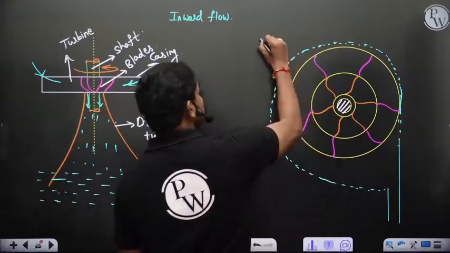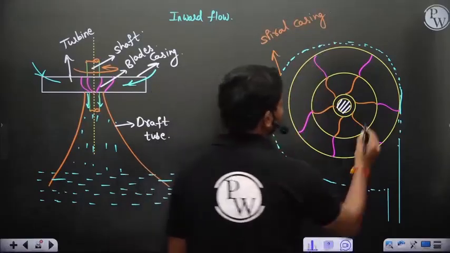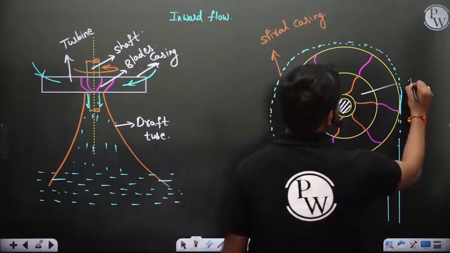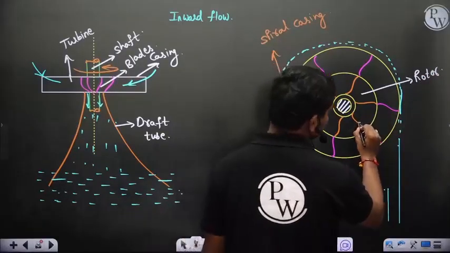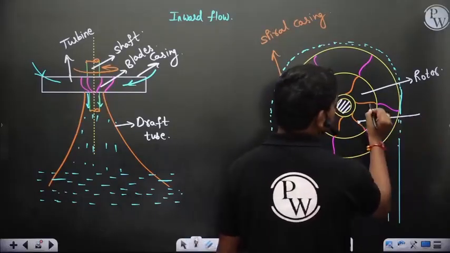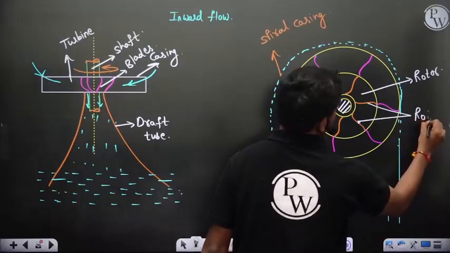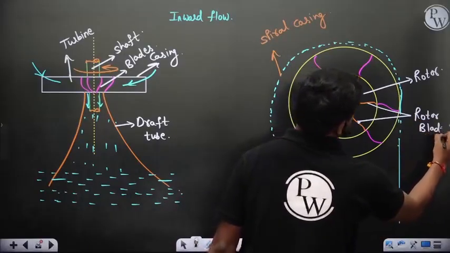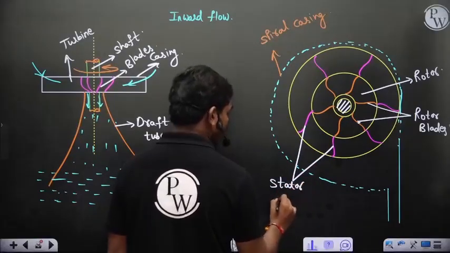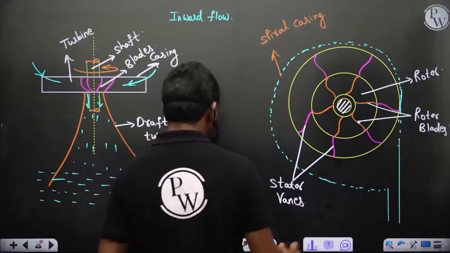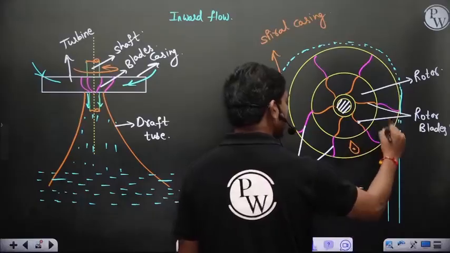So let's write that this is a spiral casing. Then this is the rotor, and these are the rotor blades, which you can see, and these are the stator vanes. You also have the guide blades, in fact. You can check, there are guide blades like this.